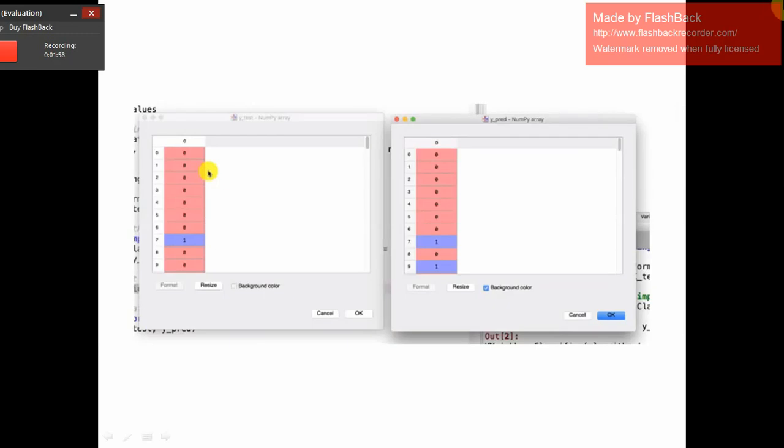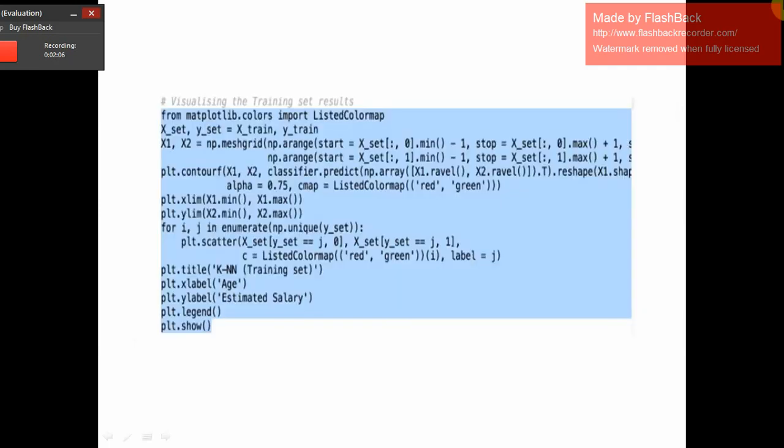We also compared the difference between y_test and y_pred. You may remember that running this code took a very long time, but the visualization of the training set also plays a very important role.